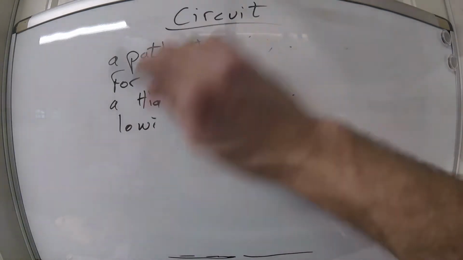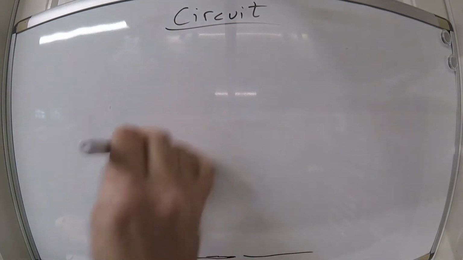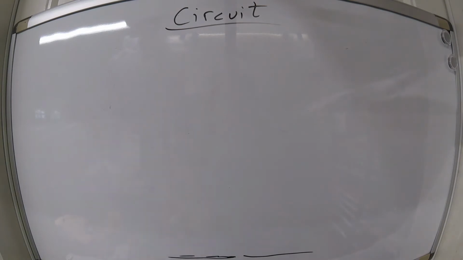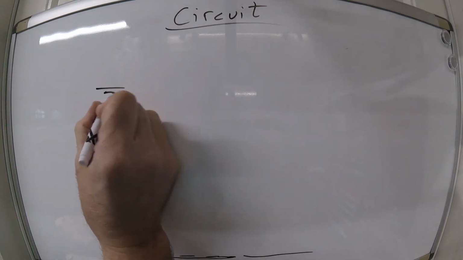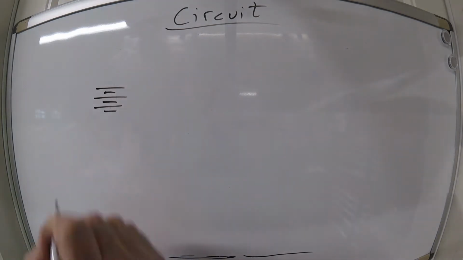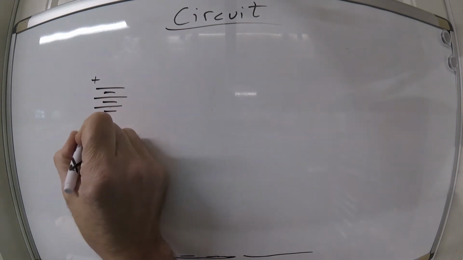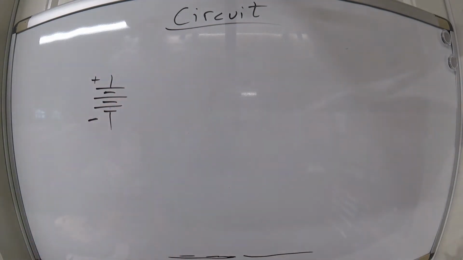As we talk about a circuit, let me just show you a simple one. Okay, we'll start off with a battery. This is the electrical symbol for a battery, and we'll call that the positive side and that the negative side. I'm sure you remember that batteries have a positive terminal and a negative terminal.